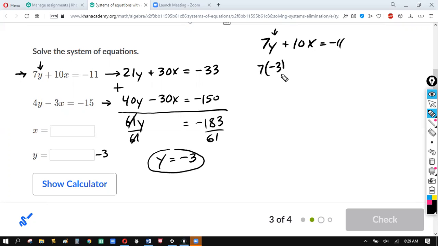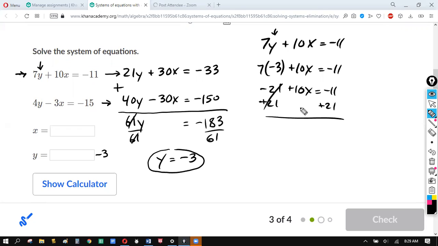So 7 times -3 plus 10x equals -11. 7 times -3 is -21. And adding 21 to both sides, the 21s cancel.